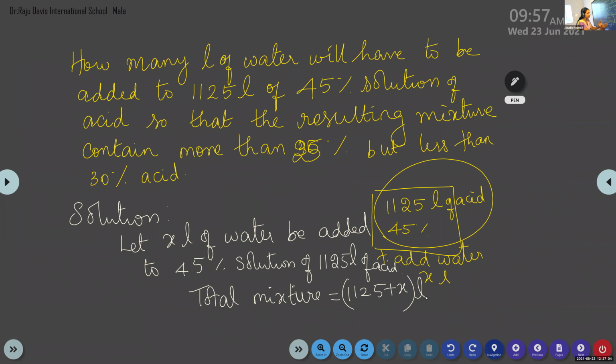Is it okay? And what is given? This mixture should be acidic, and that acid value should lie between 25% and 35% of the acid.